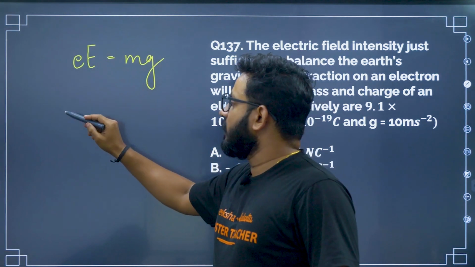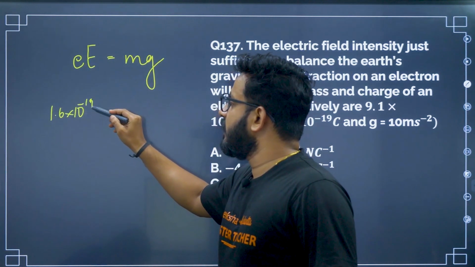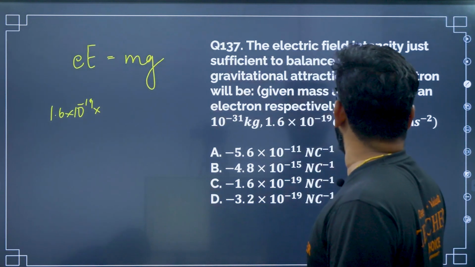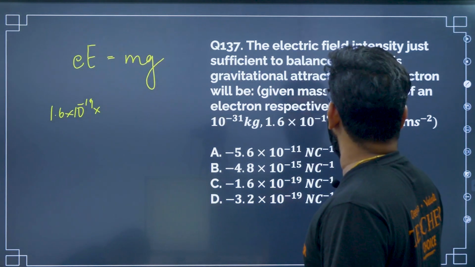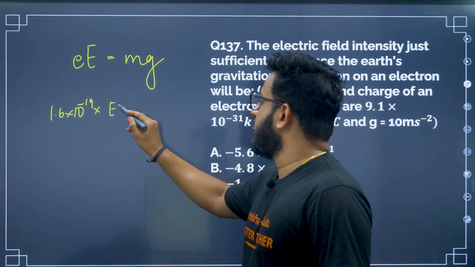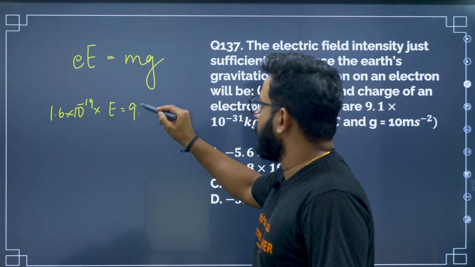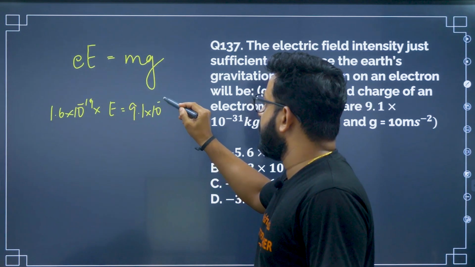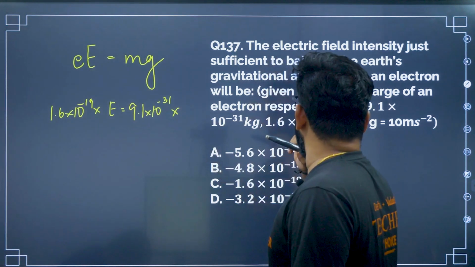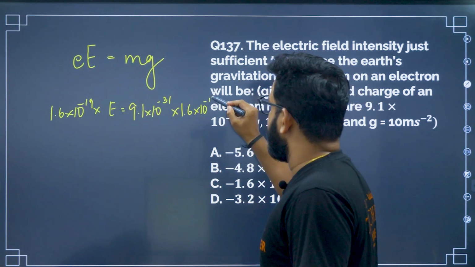So let's write all the values. 1.6 into 10 to the power minus 19, and the electric field is what we have to find out. Mass of the electron is given as 9.1 into 10 to the power minus 31, and charge is given as 1.6 into 10 to the power minus 19.